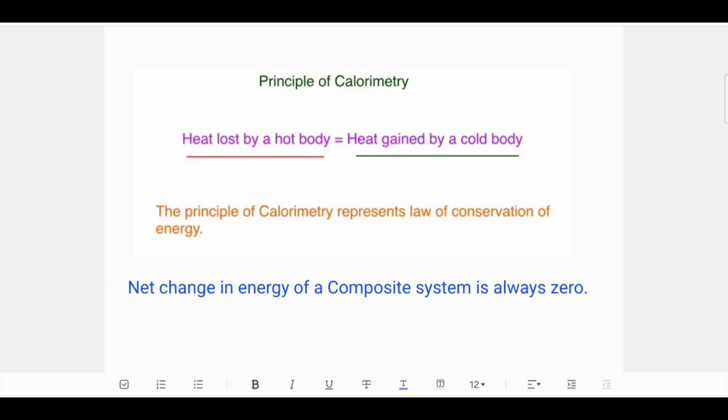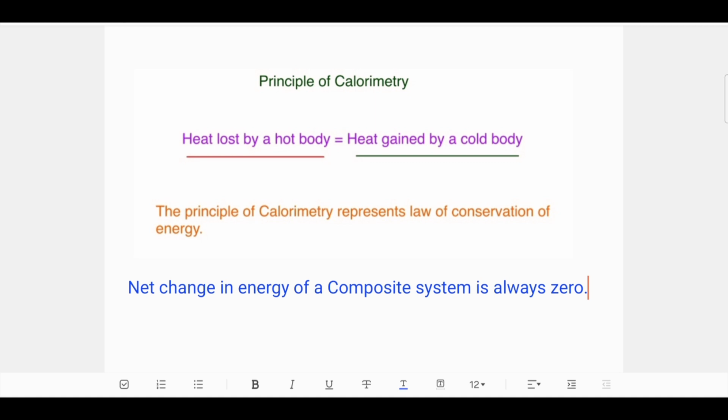When you bring different substances with different temperatures and make them in physical contact, then we can term it as a composite system. So when different temperature bodies are brought into close contact, some of them will lose heat energy and some others will gain energy.